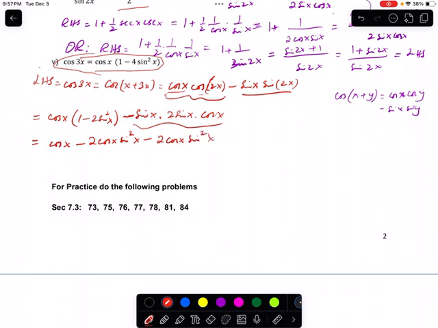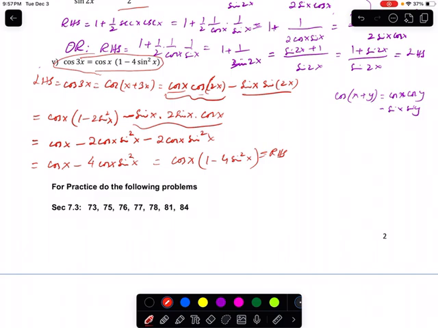Now we combine the last two terms, so we get cosine of x minus 4 times cosine of x times sine square x. We can factor out the cosine x, get 1 minus 4 sine square x. So we have proved this, that the left hand side is the same as the right hand side. So the identity has been proved.